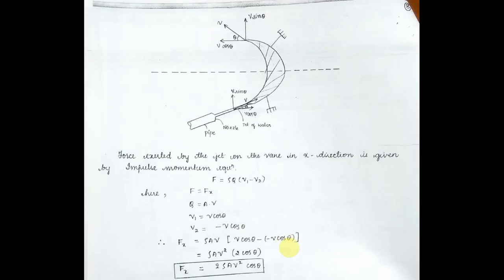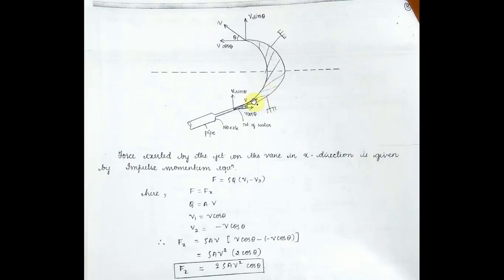Okay. So next one is force exerted by the jet on a stationary symmetrical curved vane getting hit at the tip. So this is the stationary symmetrical vane getting hit at the tip.